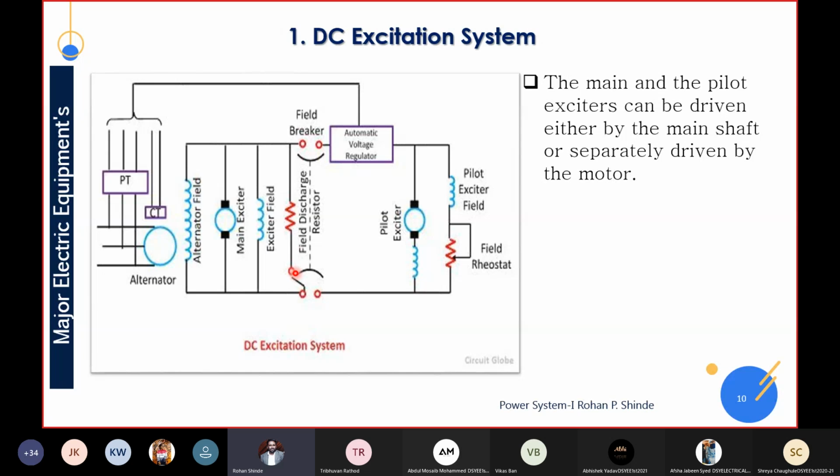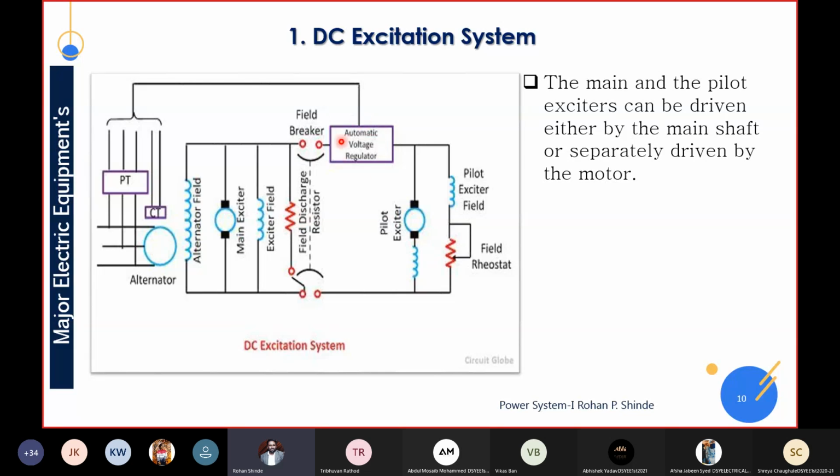When this switch is connected here, the circuit is completed, and the stored energy will be discharged across this field discharge resistor. Okay, now see here, these are field breakers. Whenever these field breakers are connected, this exciter will discharge its energy across the field discharge resistor.